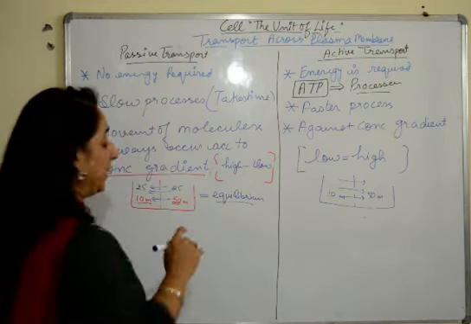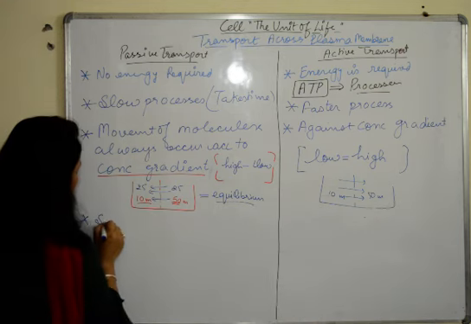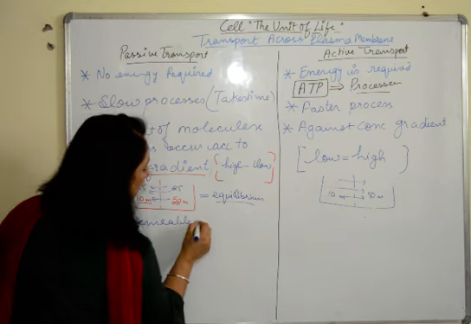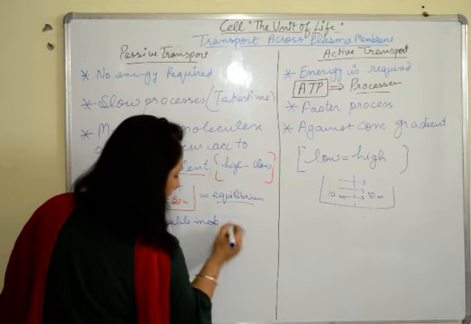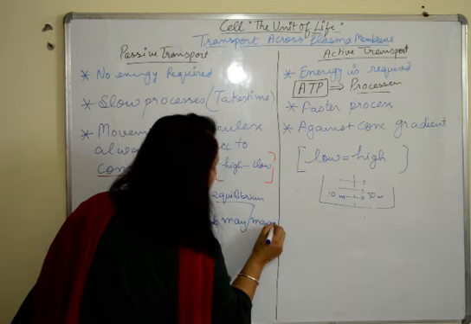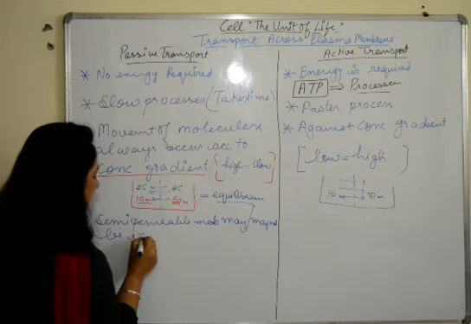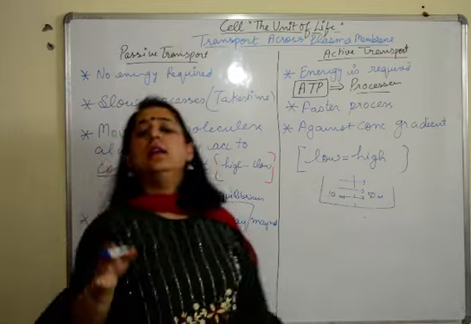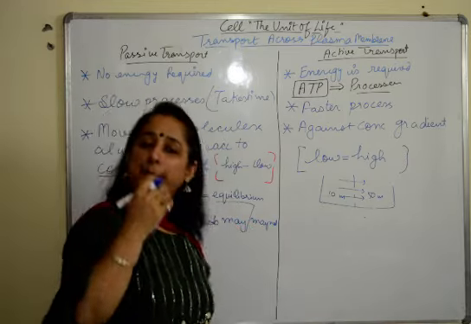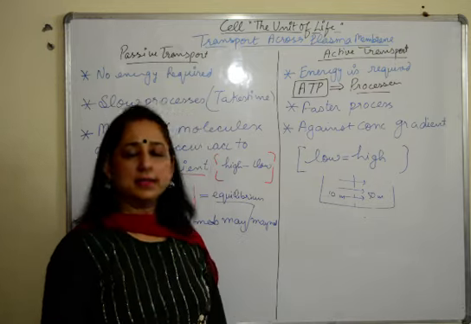Next is semi-permeable membrane. Semi-permeable membrane may or may not be required. That means in certain processes, semi-permeable membrane is necessary, whereas in some others it's not required.